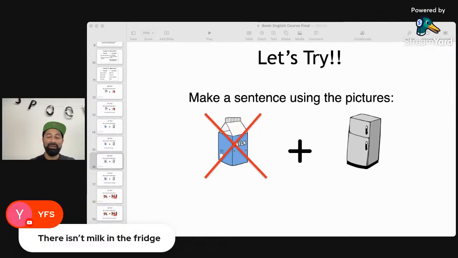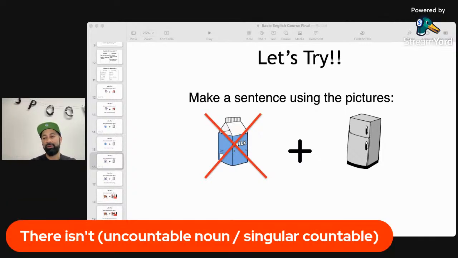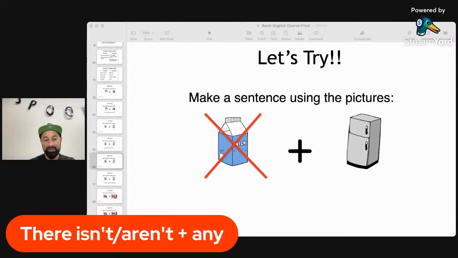There isn't milk in the fridge. Very good. Now, there's one more thing that I want everybody to focus on. Whenever I have a negative sentence, whenever I'm making a there isn't or there aren't sentence, I'd like you to use the word any as well. So there isn't, there aren't any.